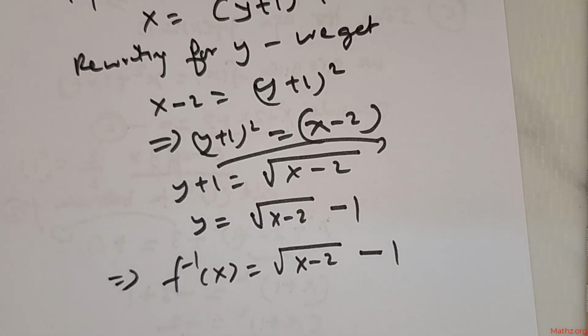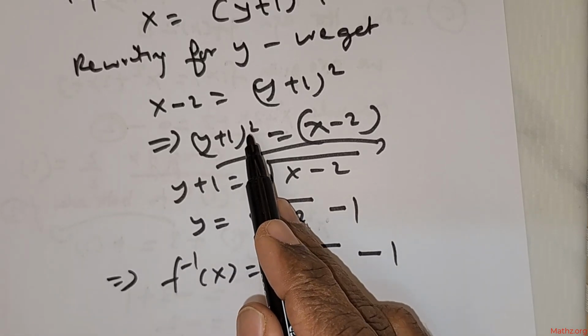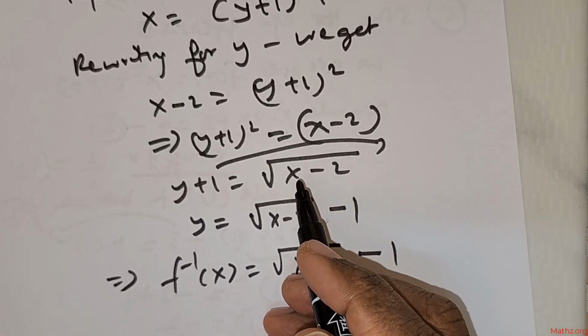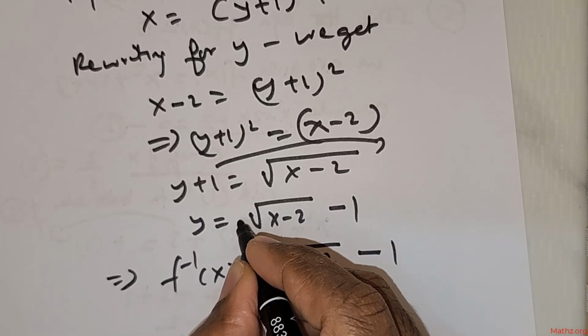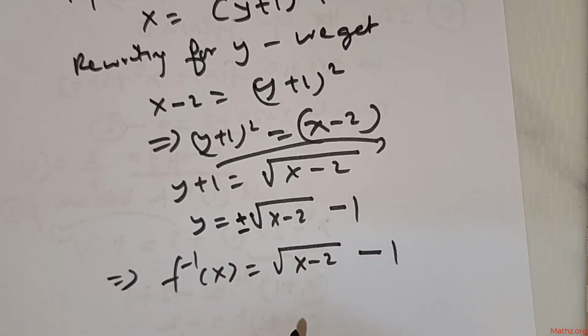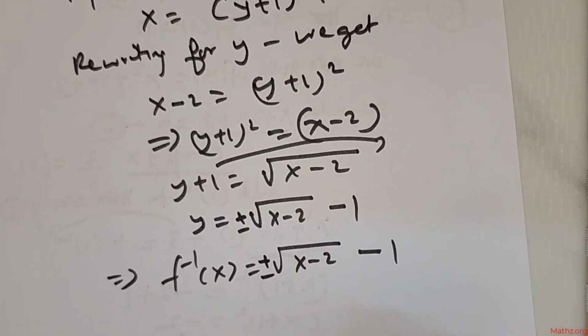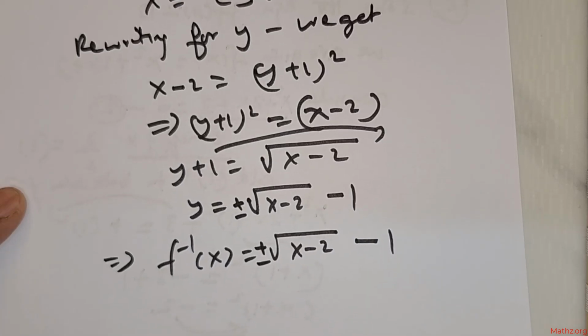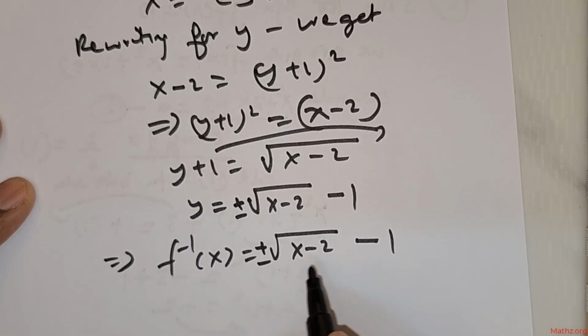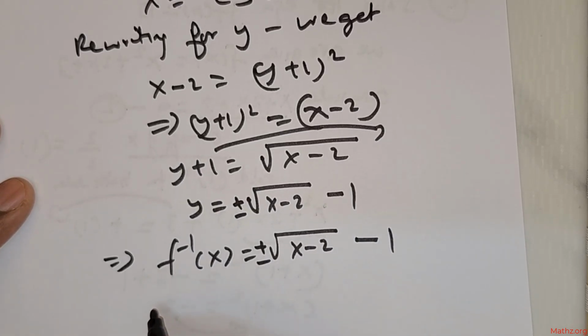Now one important point of observation I wish to mention here is that when you move the 2 to the other side, you are getting a square root, right? So the square root will produce a positive and a negative value. Now that would mean f inverse of x will have a positive and a negative. Now we cannot mention both positive and negative. Only one of these will be accepted. Now which of these will be the inverse?